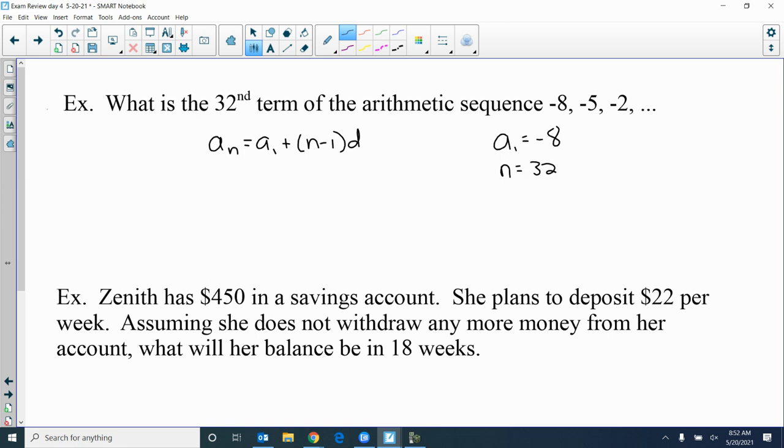What is my d value in this case? D is however much is going up or however much is going down. So D in this case is positive 3. Now I can substitute to figure out the 32nd term. A sub 32 is the first term, -8, plus 32 minus 1 times 3. Use your calculator, see what you get.